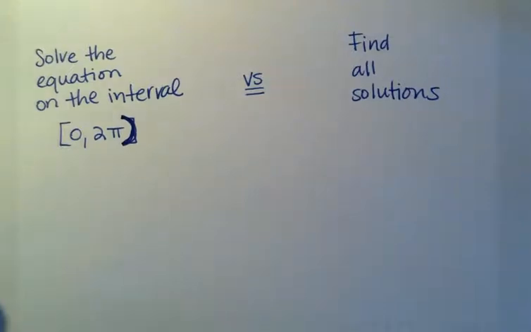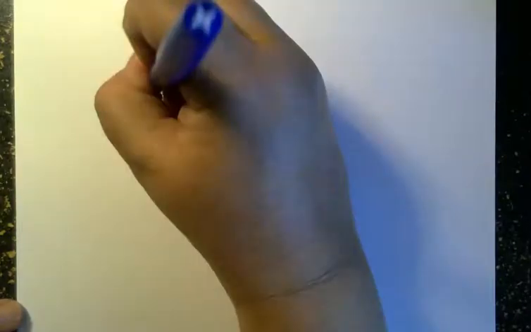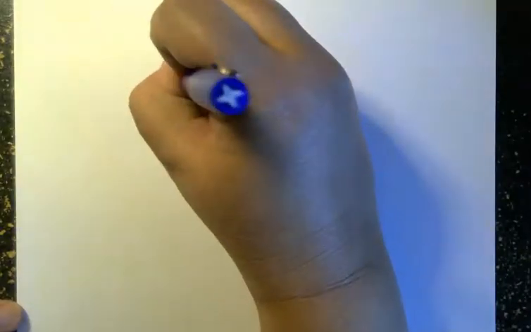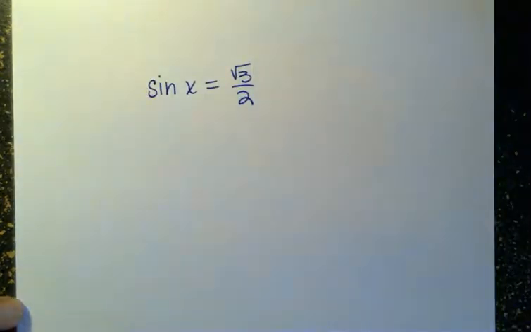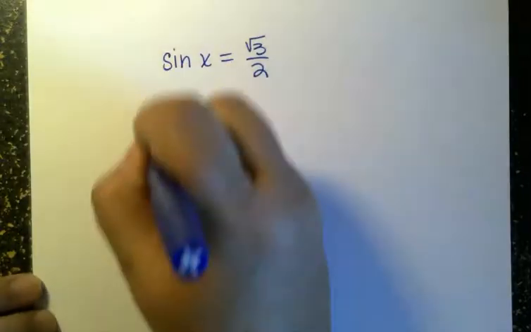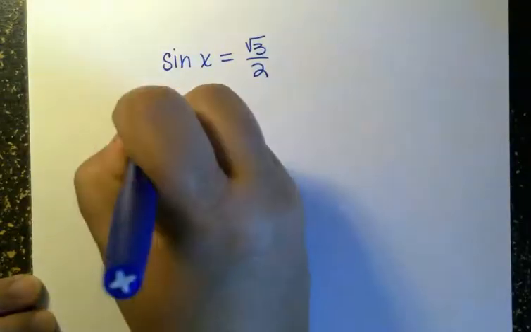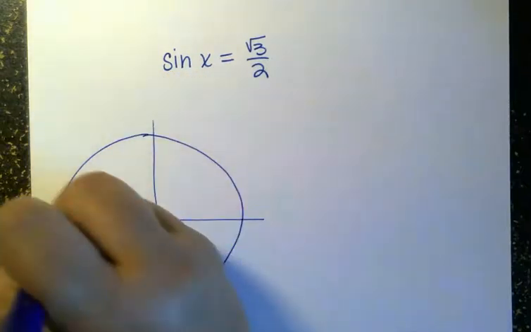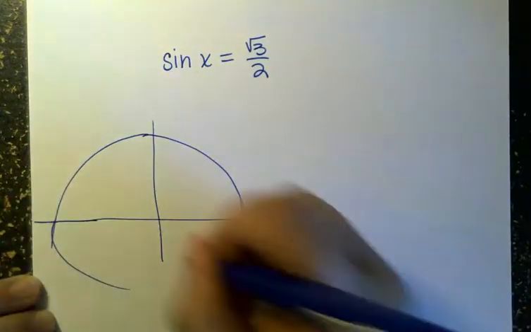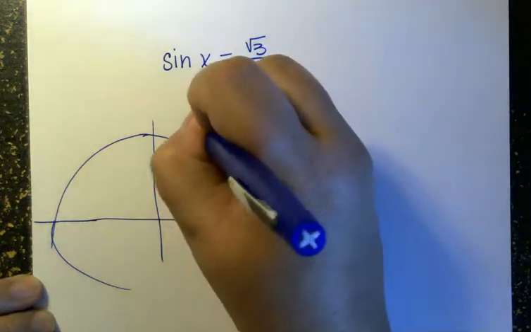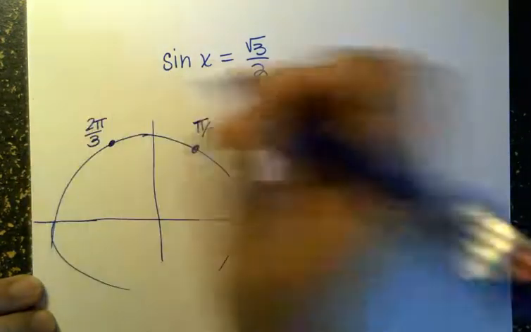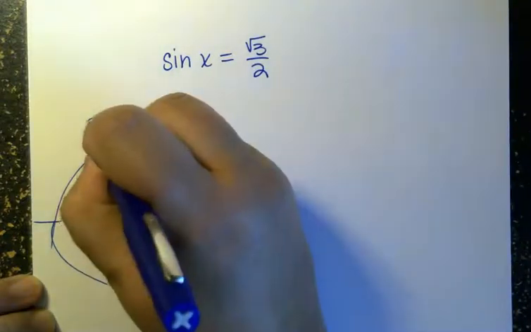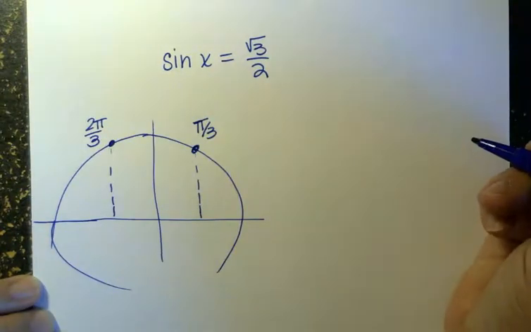Let's suppose I am asked to find sine of x equals root 3 over 2. Okay, now if I think about the unit circle, there are two places that come to mind where the sine of x is root 3 over 2. That's the ugliest unit circle ever, but basically right here at pi over 3 and right here at 2 pi over 3, both of those have a y value of positive root 3 over 2.